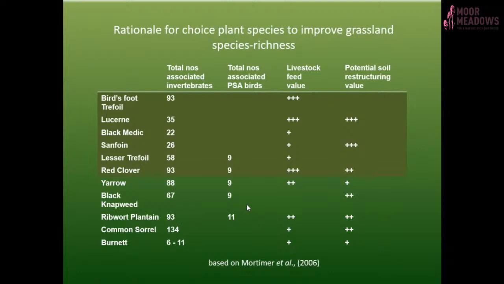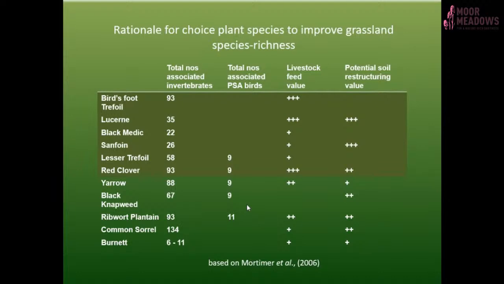If you go along to the next column, which says total numbers of associated PSA birds, PSA stands for Public Service Agreement. It's not my phrase at all, it's the one that policymakers use. But Public Service Agreement birds, or PSA birds, consist of the skylark, yellowhammer, corn bunting, lapwings. Those are the sort of birds that we're talking about. And grey partridge as well, which are incredibly rare now in Devon, as are all the other birds in the lowland agricultural landscape.